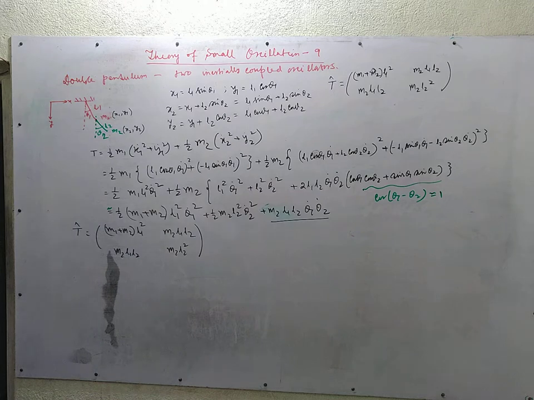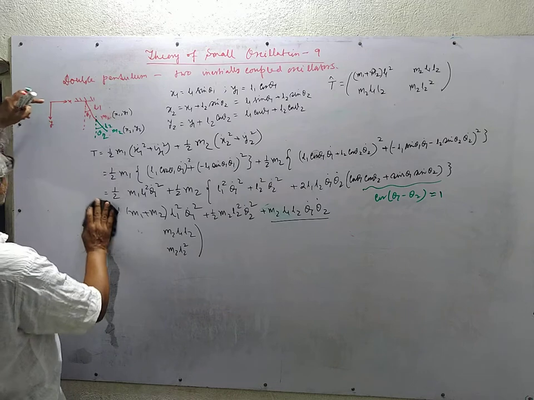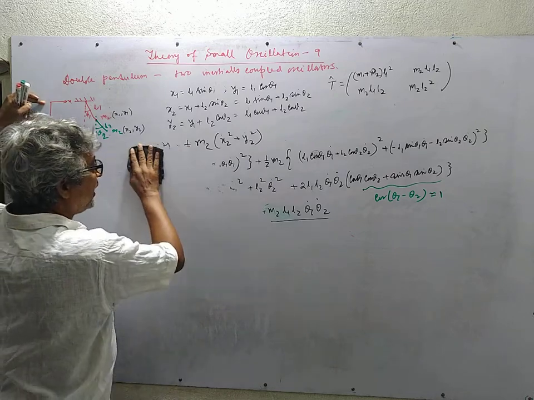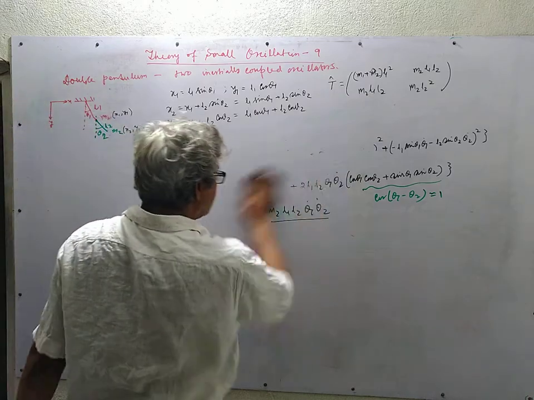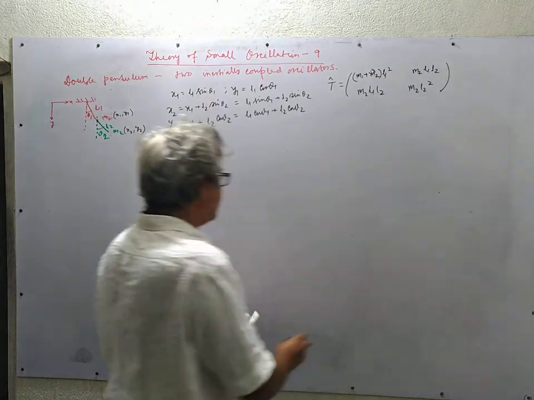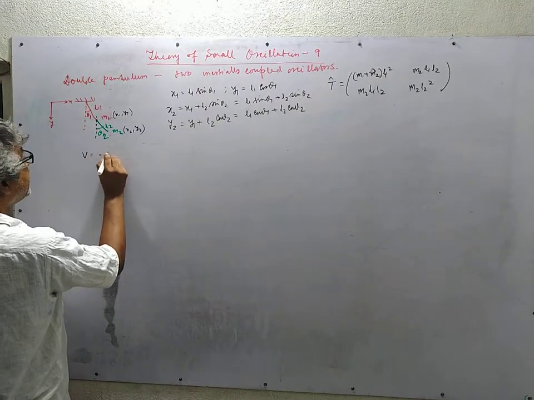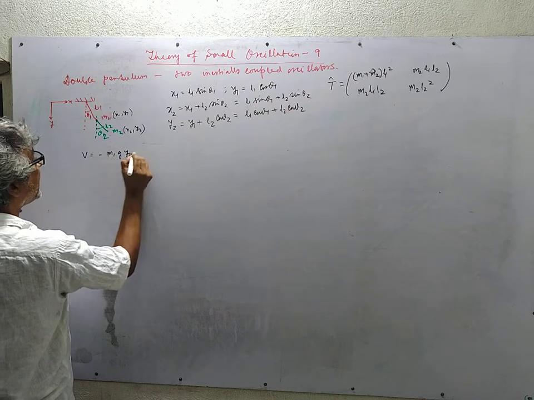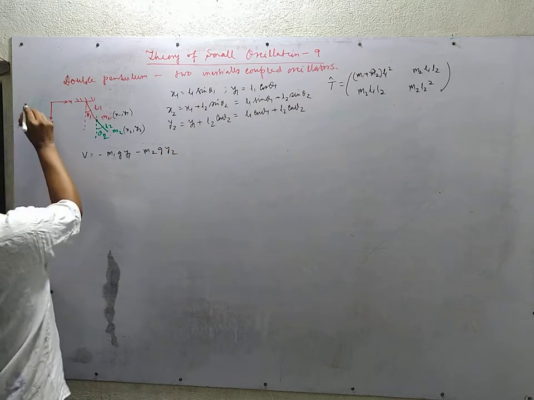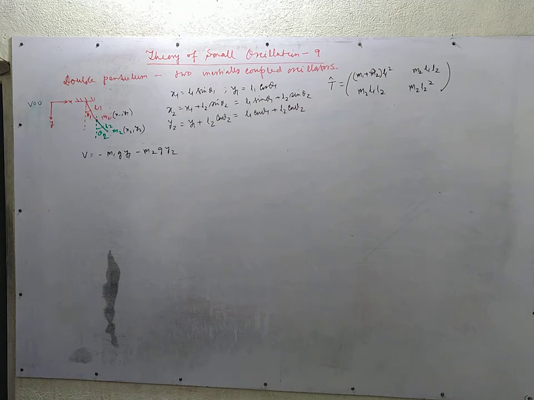Now coming to the potential energy. If we take y equal to 0 as the zero level of the gravitational potential, so we have assumed V to be 0 at y equal to 0, the potential energy is minus m1 g y1 minus m2 g y2.